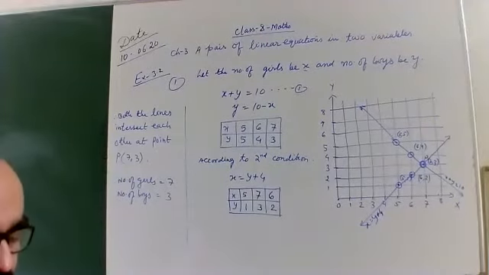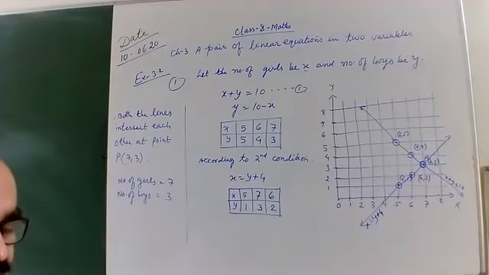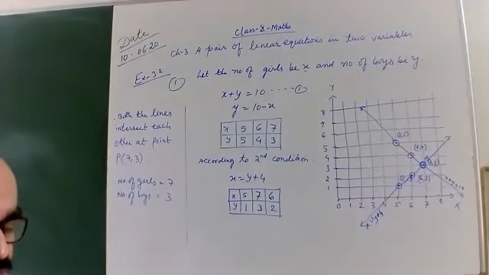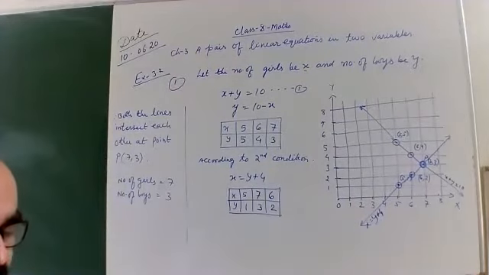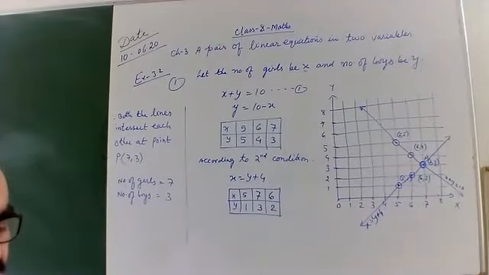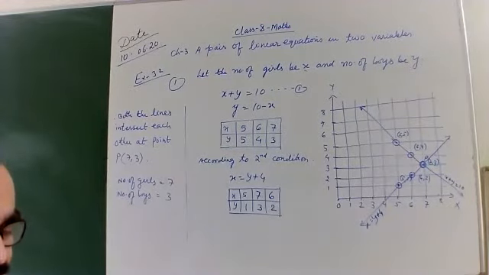Now, tell me what will be the equation for the second exercise, 3.2, question number 2. 5 pencils and 7 pens together cost rupees 50, and 7 pencils and 5 pens together cost rupees 46. Find the cost of 1 pencil and 1 pen.